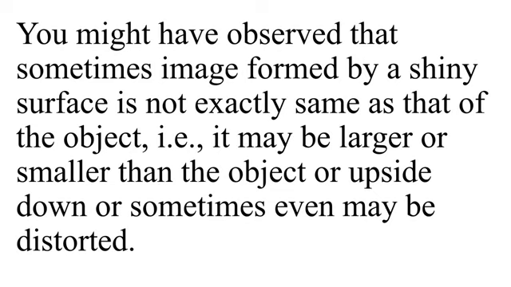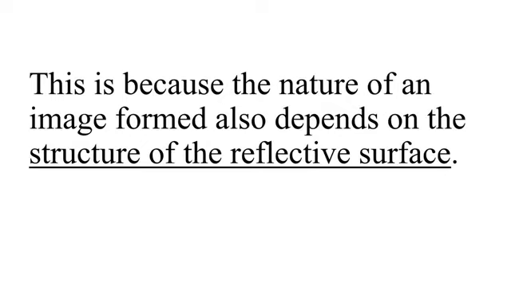That is, it may be larger or smaller than the object, or upside down, or sometimes even may be distorted. This is because the nature of an image formed also depends on the structure of the reflective surface.